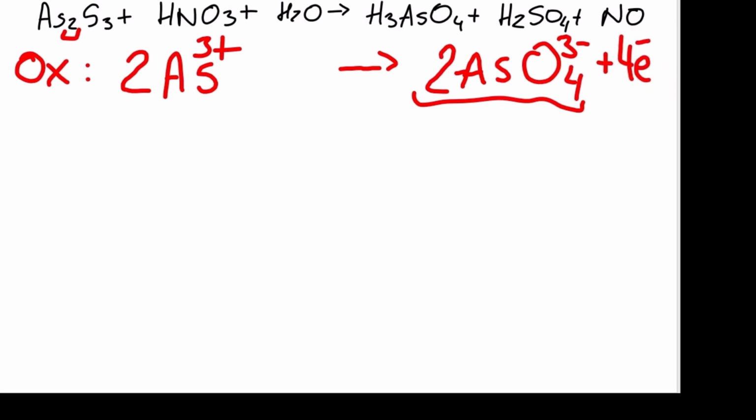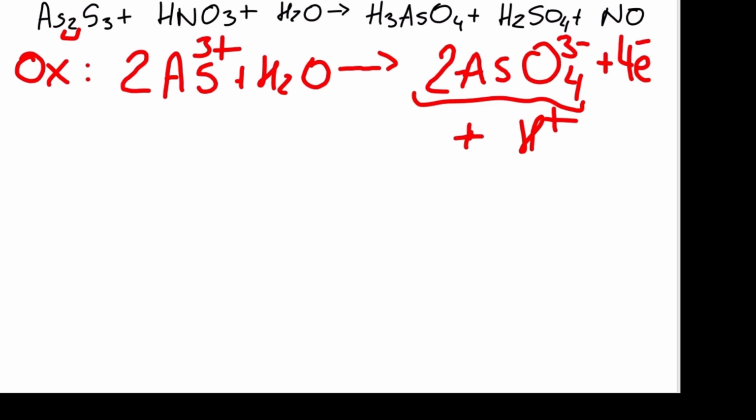Okay, we have oxygen atoms on the right side. We don't have oxygen atoms on the left side, so we need to utilize H plus and water particles. Water particles on the left side, and H plus ions on the side where the electrons are.